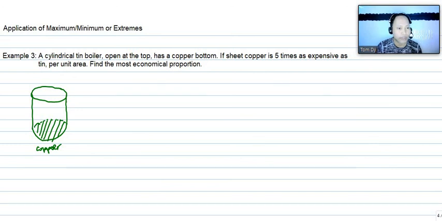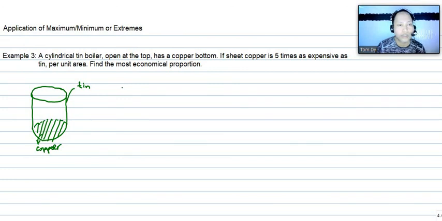This one is made up of tin, and this one is made up of copper. So this cylindrical tin boiler is made up of two kinds of materials, tin and copper. Now we have to solve. For this case, we will make use of our equation.